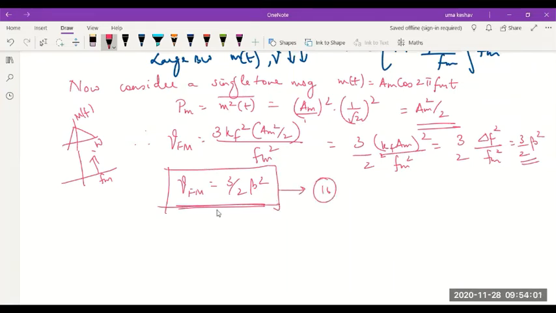I lost count of the equation numbers. Anyway, with this one last thing, let us find something called the transitory value of beta.